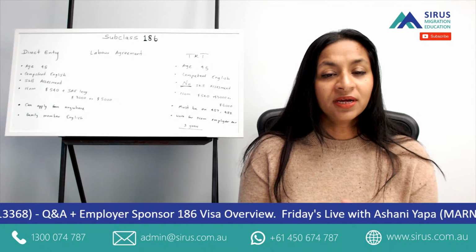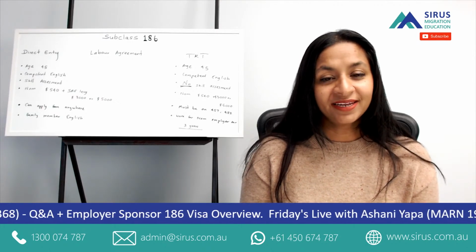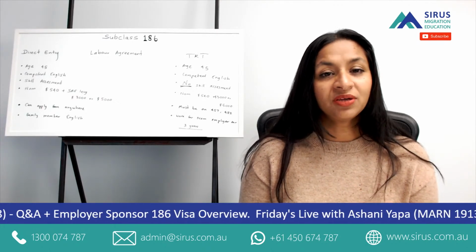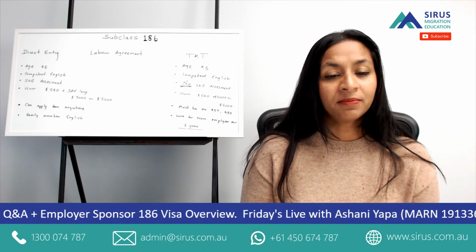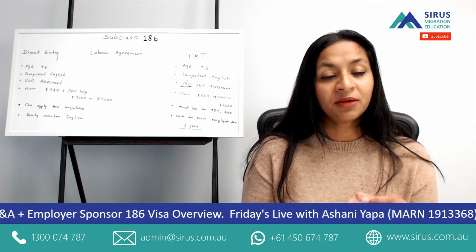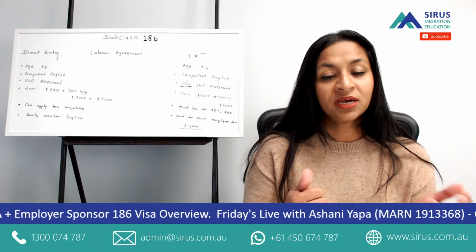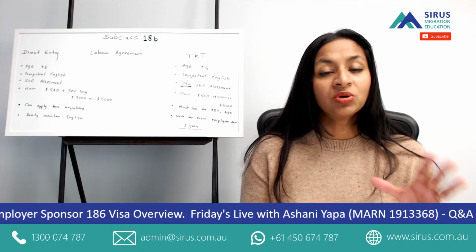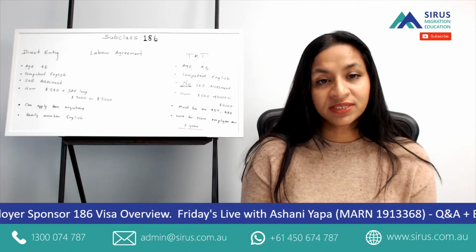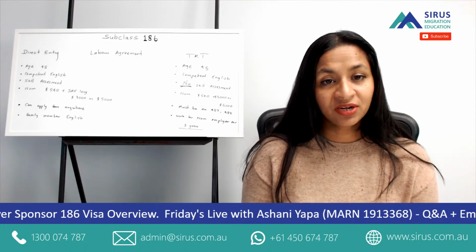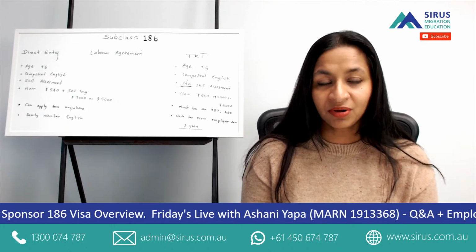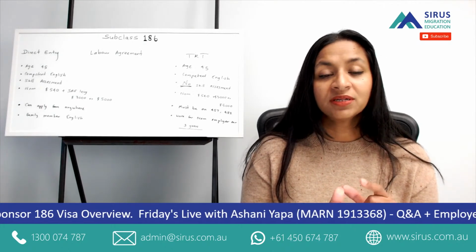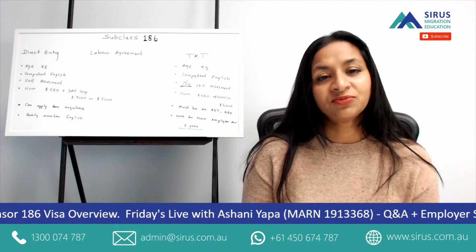Number one is they obviously need an eligible employer who is willing to give them the nomination, which is a permanent full-time employment contract for at least 2 years or more, and the employer needs to go through all the requirements of the nomination for this employee. So that is the very first requirement. You need to have an Australian employer who is willing to nominate you for subclass 186.